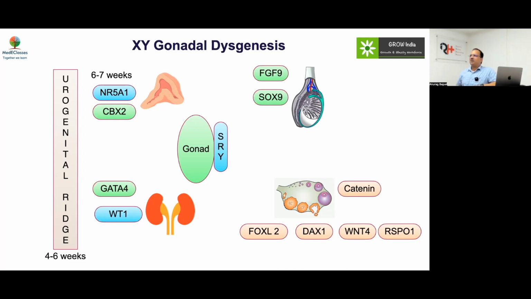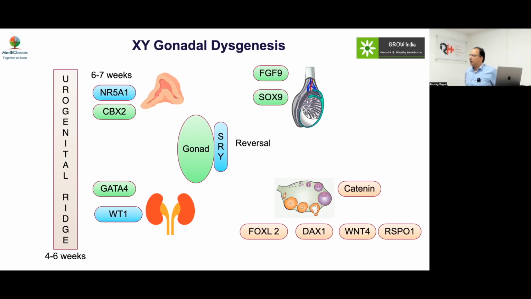Subsequent to this, SRY plays a major role, and then we have SOX9. So these are the four major genes involved. Plus, an excess of anti-testis genes, which include FOXL2 and DAX1 overexpression, can also cause abnormalities in bipotential gonad development or maturation of the bipotential gonad into testis.